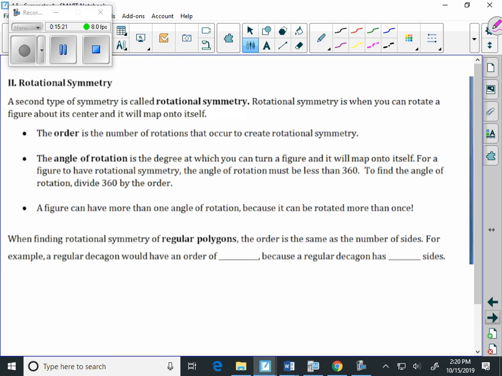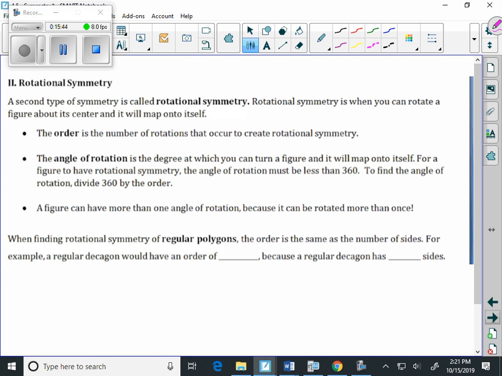And part of rotational symmetry is something called an order. It's the number of rotations that occur to create rotational symmetry. Again, I'll show you that in our first and second example momentarily. The angle of rotation is the degree at which you can turn a figure and it maps onto itself.